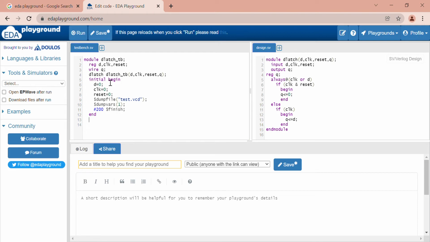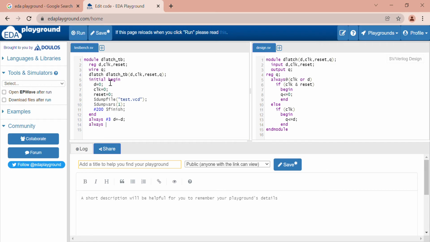And always #3, that after 3 time units, D will toggle.